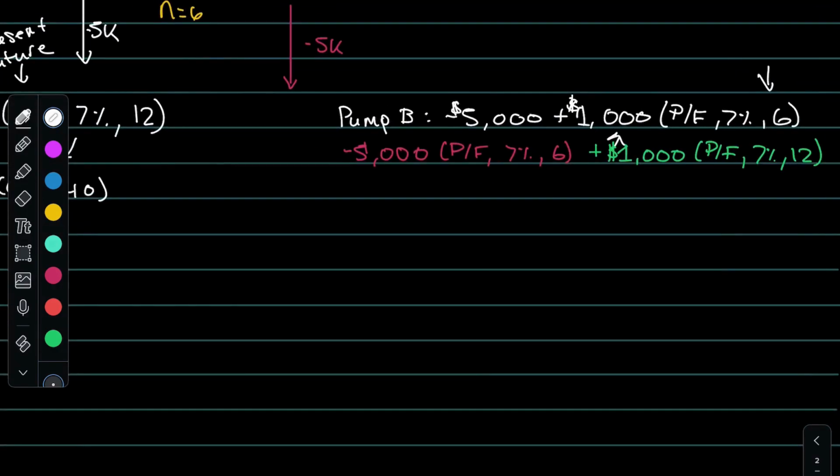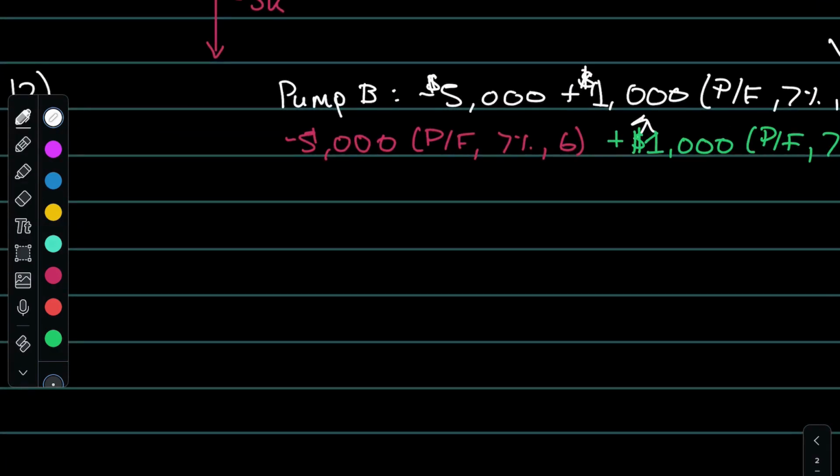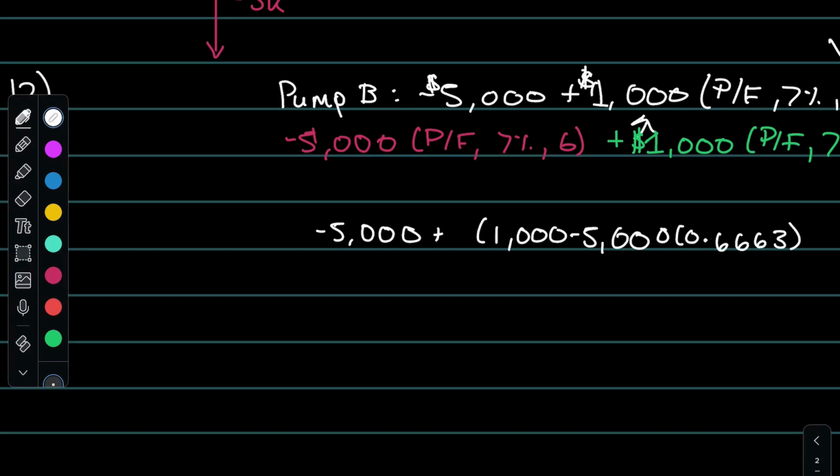But then we'll look at pump B. And we'll see that pump B is negative $5,000 plus, and then we'll just take the $1,000, subtract it from 5,000, multiply it by the table value, 0.663.